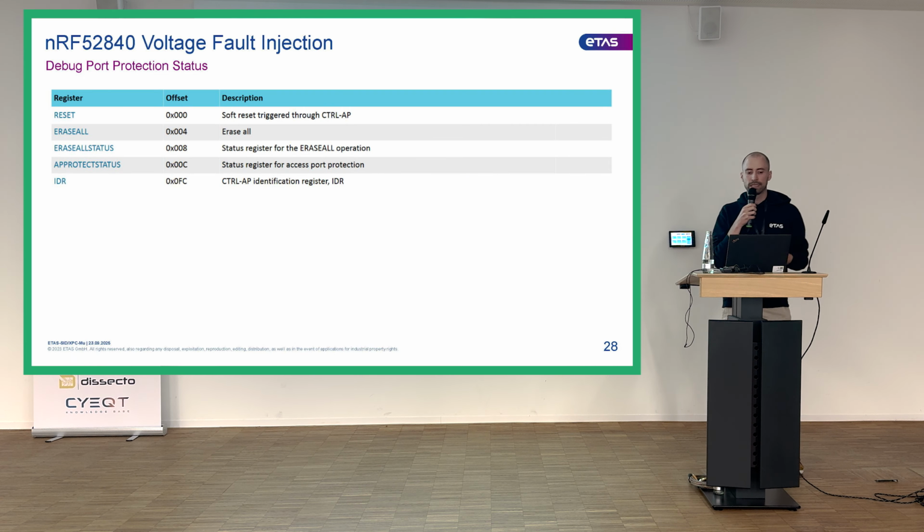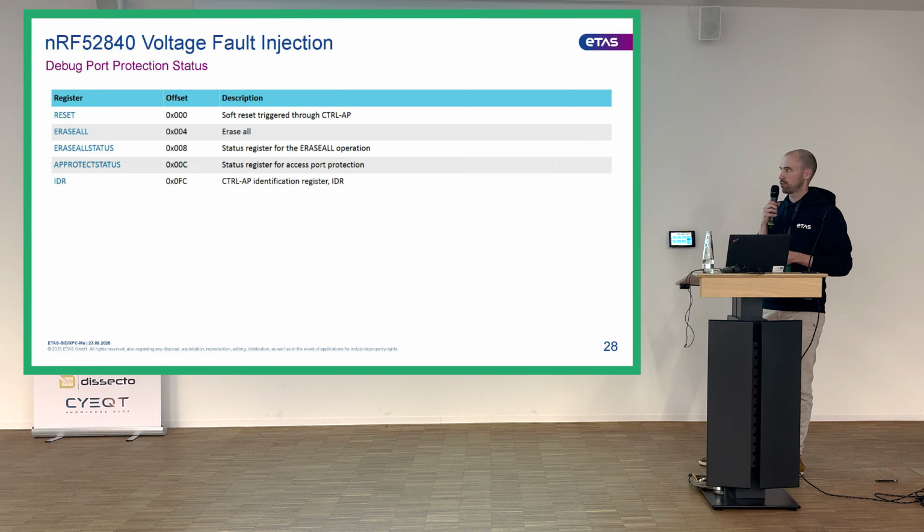And this is what this control access port looks like. Instead of the 64 registers that I have for my memory access port, I just have 4 registers, and then all the way down here I have this identification register, which is again used for introspection and not really relevant. I can reset the chip if I want to. I can erase it.